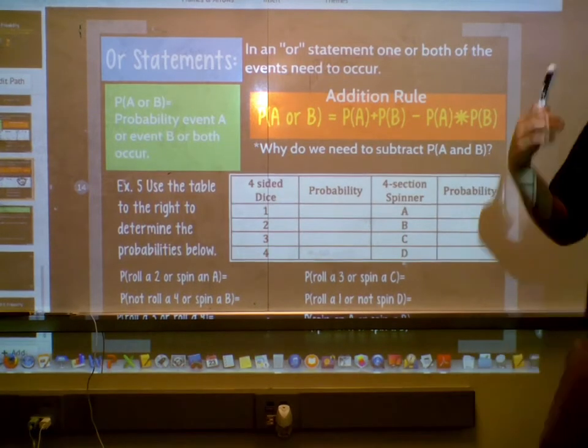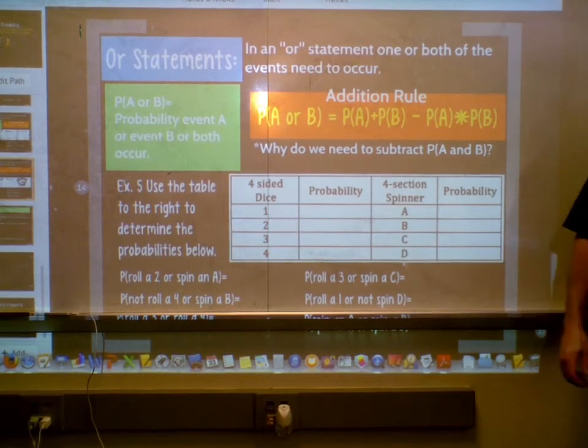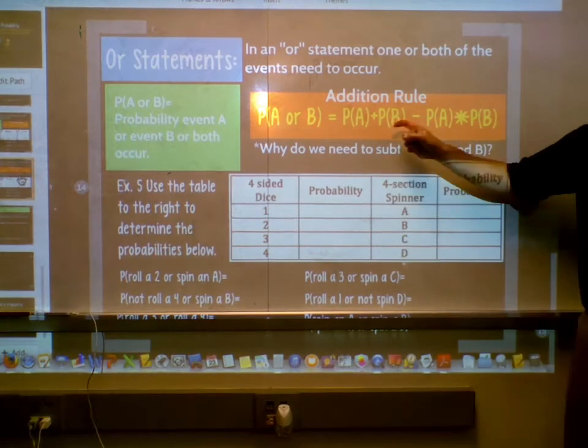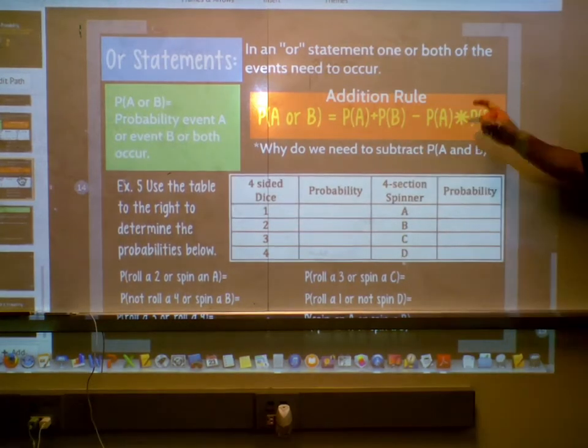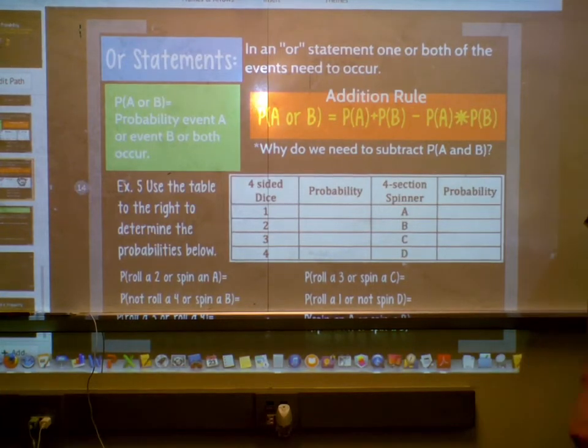And the way we calculate this probability is using what's called the addition rule. The probability of A or B equals the probability of A plus the probability of B minus the probability of A times the probability of B. It's called the addition rule.